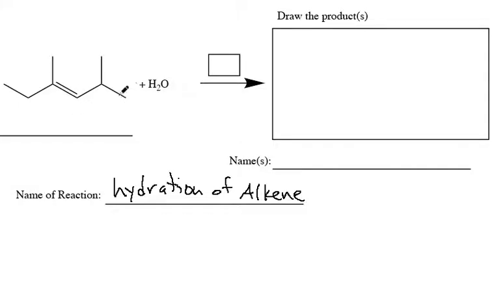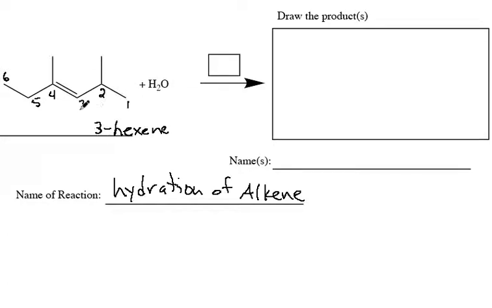So the way that I'm going to number it is from this side, so that the branch has the smaller number on this first methyl group. Because either way I number from, the alkene has the same number, and that would be 3. So I'll go 1, 2, 3, 4, 5, 6. So this is going to be called hexene, and the double bond is at number 3.